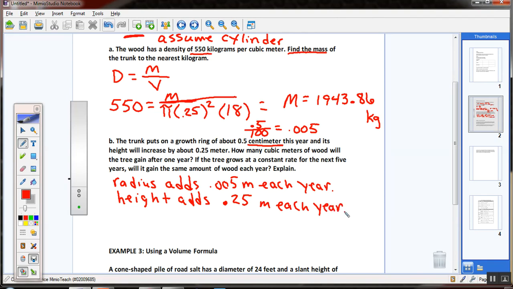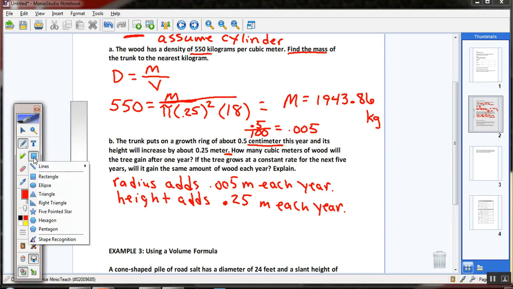Okay, so it says at this point right here, after this quarter meter, how many cubic meters of wood will the tree gain after that 1 year? Okay, so let's find its new mass. All right, let's find its new mass. To begin with, what was the mass up here?